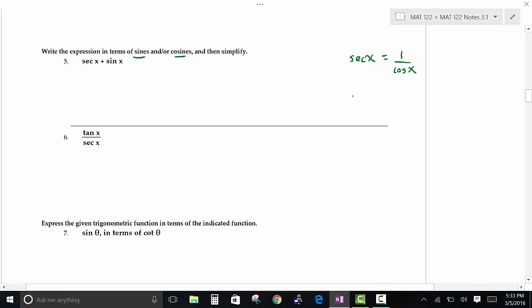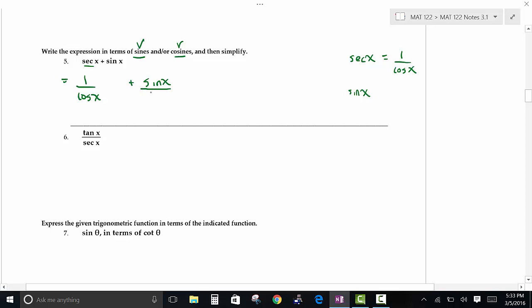We also know that the sine, now the sine, with that one, we don't really have any of the basic identities that can translate that into a cosine, but it doesn't matter. What we're wanting to do is write this so the expression has nothing but sines and cosines. So what we're going to do is replace the secant with what it's equal to, 1 over cosine, and then we're going to just leave the sine alone.